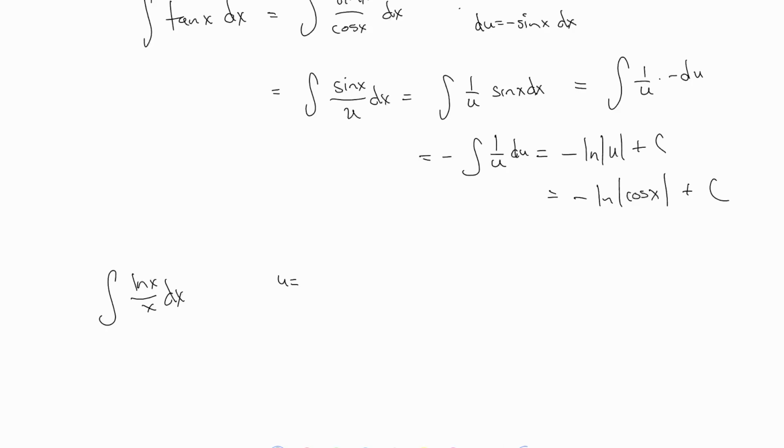Don't write this down because this isn't going anywhere, but if you tried to do this, you would have said u equals x, du equals dx, and then when you substitute, x and u are the same, so this would say ln of u, and dx and du are the same, so this would be du over here. And you'll notice, okay, I did the substitution, but I end up with exactly the thing that I started with.